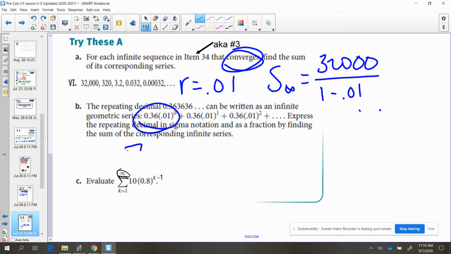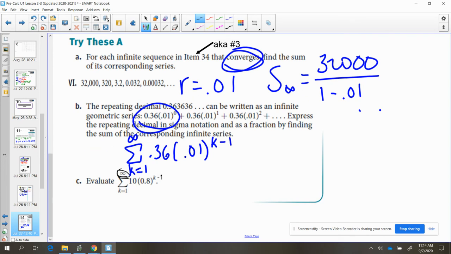Basically, what we're saying here is that if we start at term 1, we'll go towards infinity, and then we would have our first term times our r value to the k minus 1 power to get this value here.